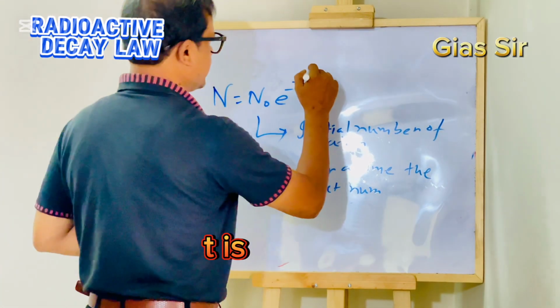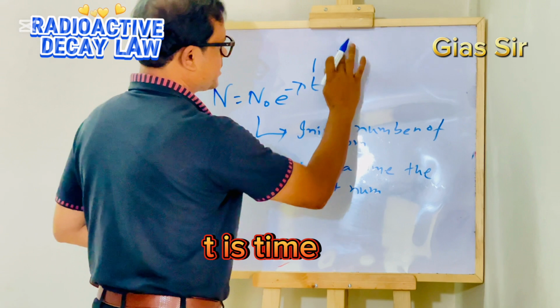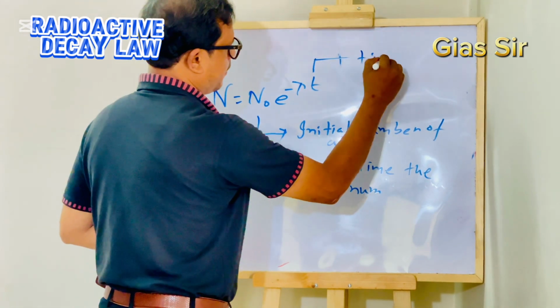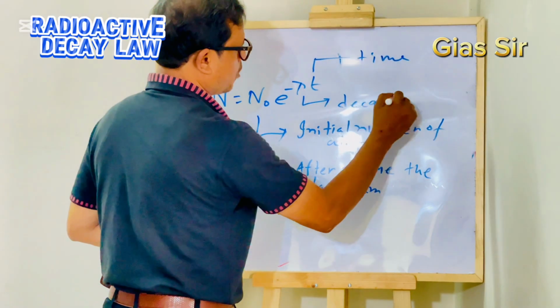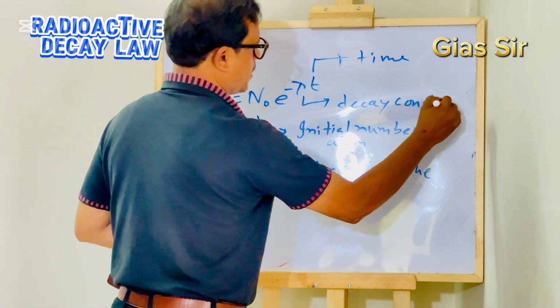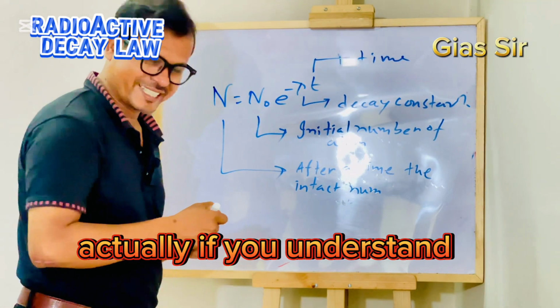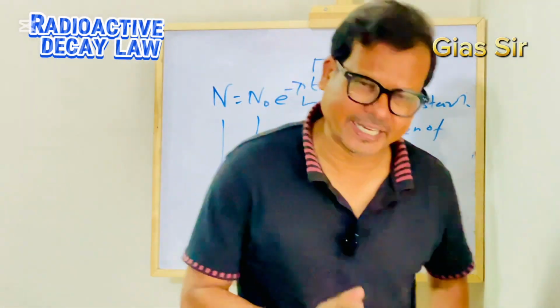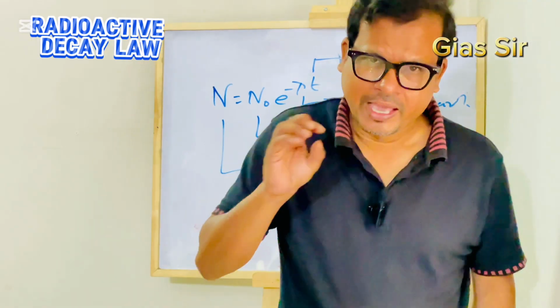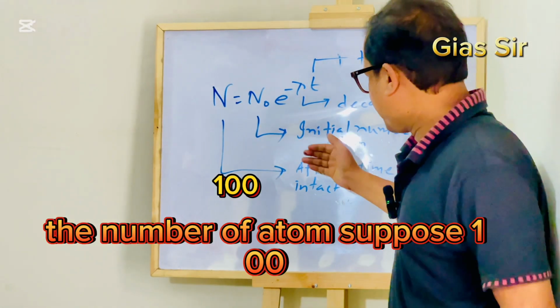Here, t is time and lambda is the decay constant. N naught is the initial amount, the starting level, the number of atoms before decaying.